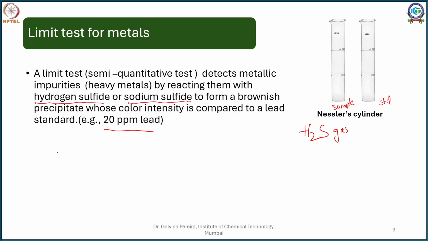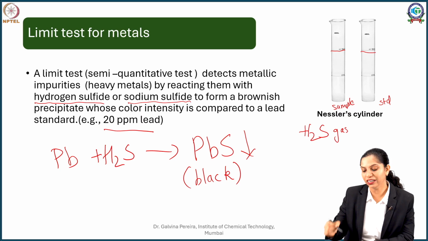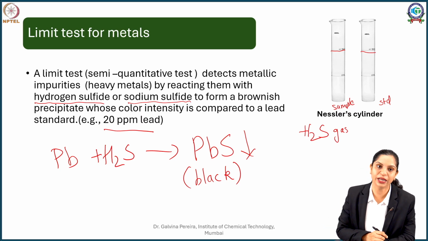So what is going to happen? Say for example your lead metal is there, that will react with H2S, and what you are going to get is PbS. Now PbS is actually a black color precipitate. So as a result, this whole solution, when I make up the volume, will appear like a blackish brown solution. Now when I compare this blackish brown solution with the standard, which I know already has 20 ppm, the standard will acquire a certain brown tint.